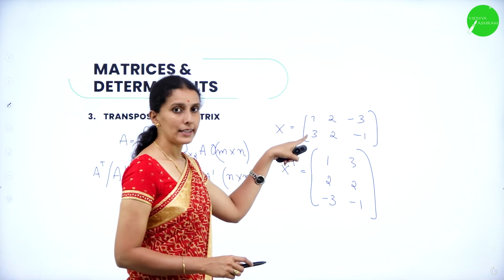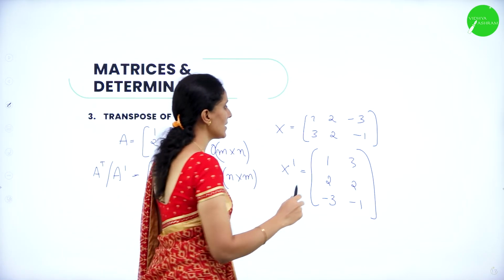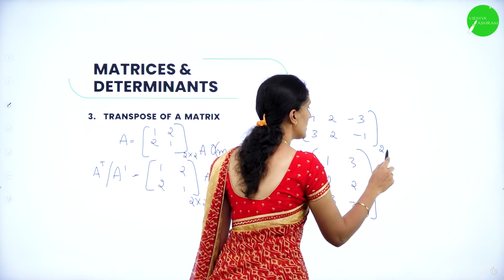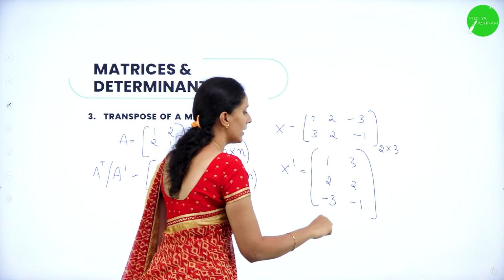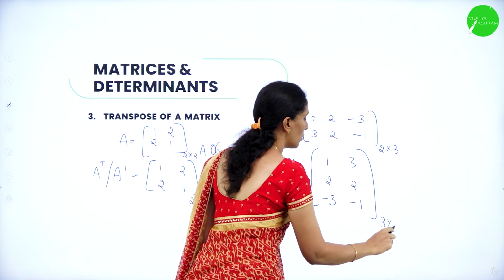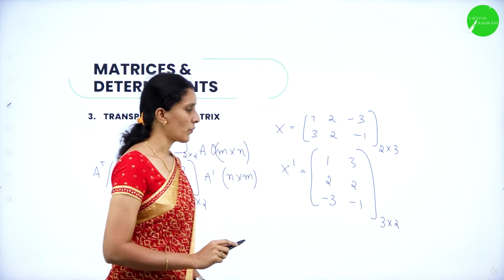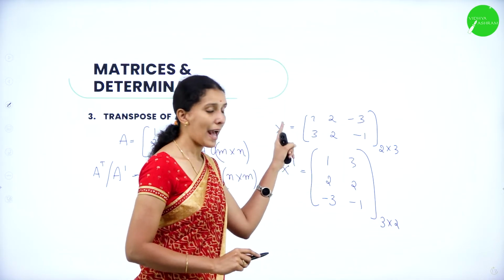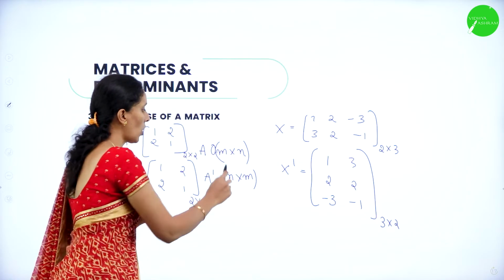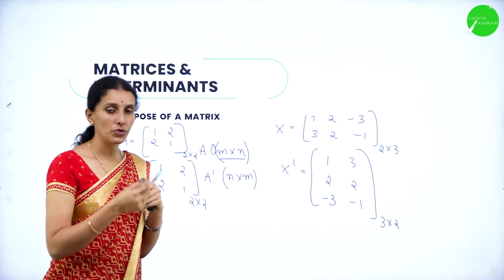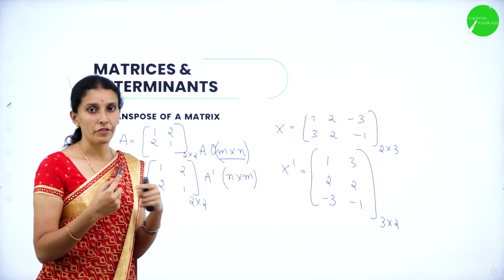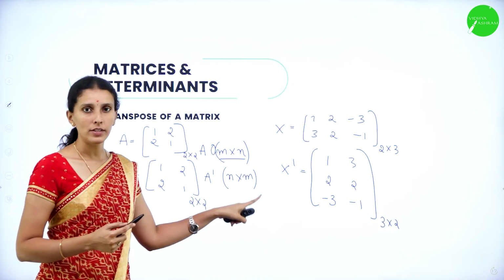Let me take the difference here. You can see you have 2 rows and 3 columns, whereas here it becomes 3 rows and 2 columns. That's why if a matrix has an order of M cross N, then its transpose will have the interchanged order, that is N cross M.